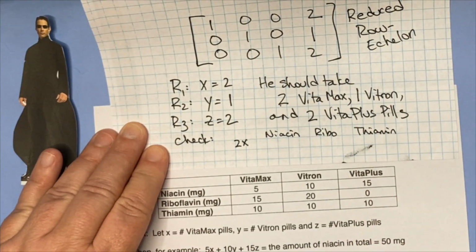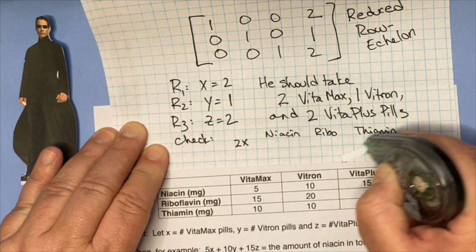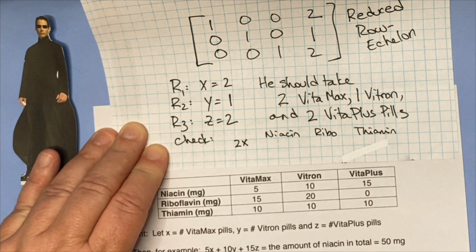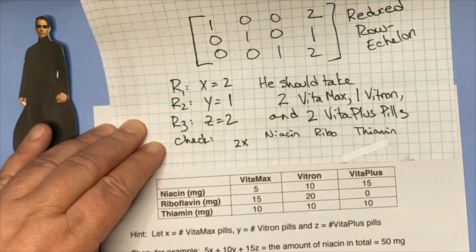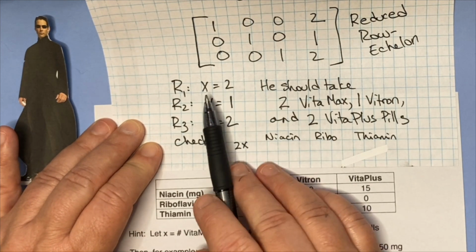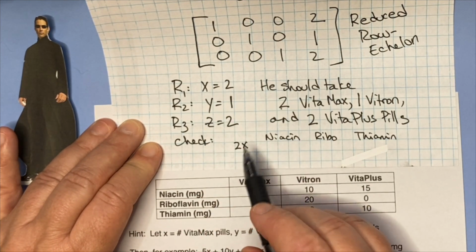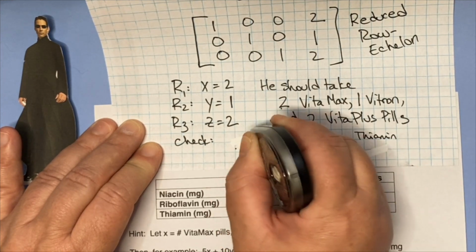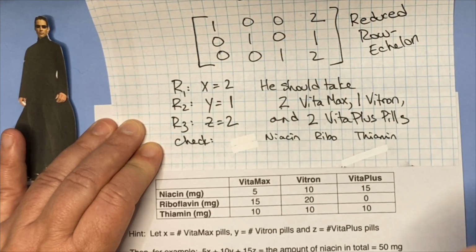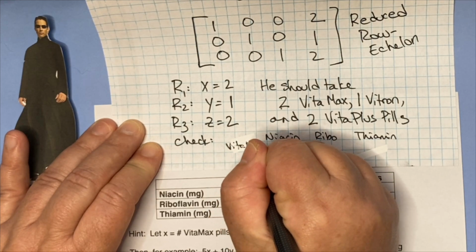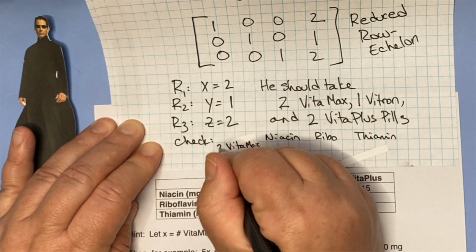Oh, there's a little bit of a smeary guy down here. Sorry about that. Okay. You can hardly see there was even a thing there. So if x is 2, 2x doesn't make any sense. Let me write it out as just in terms of Vitamax. So we're going to take 2 Vitamax.